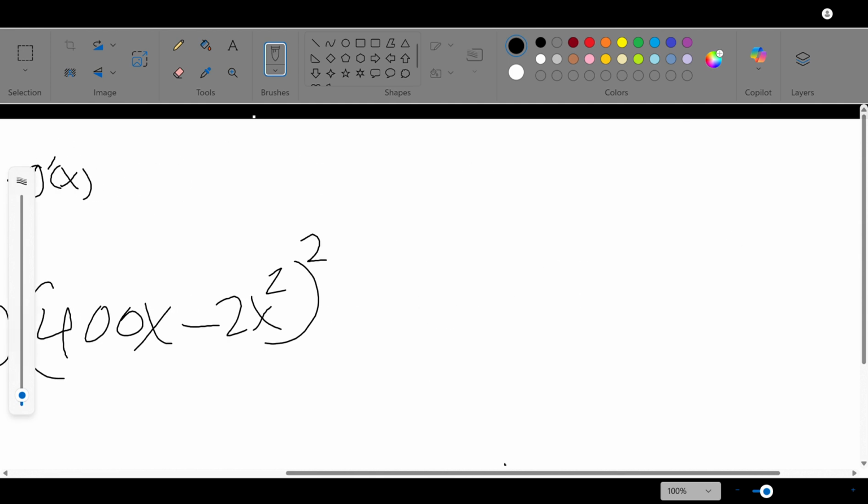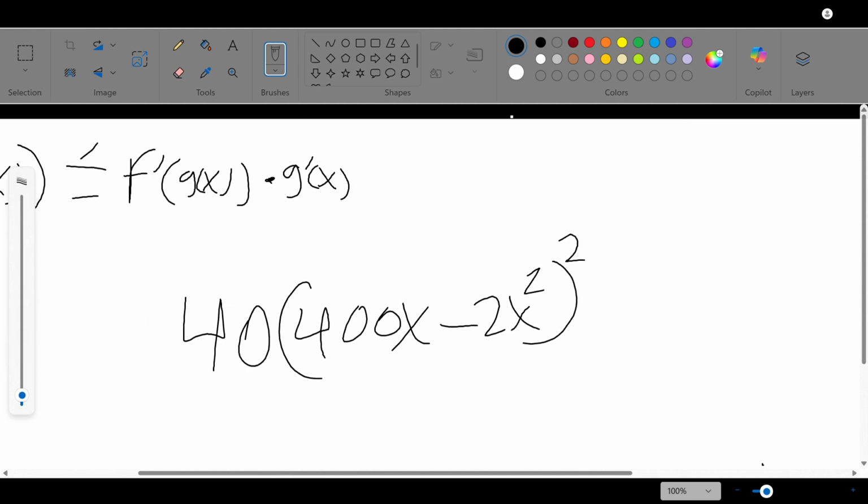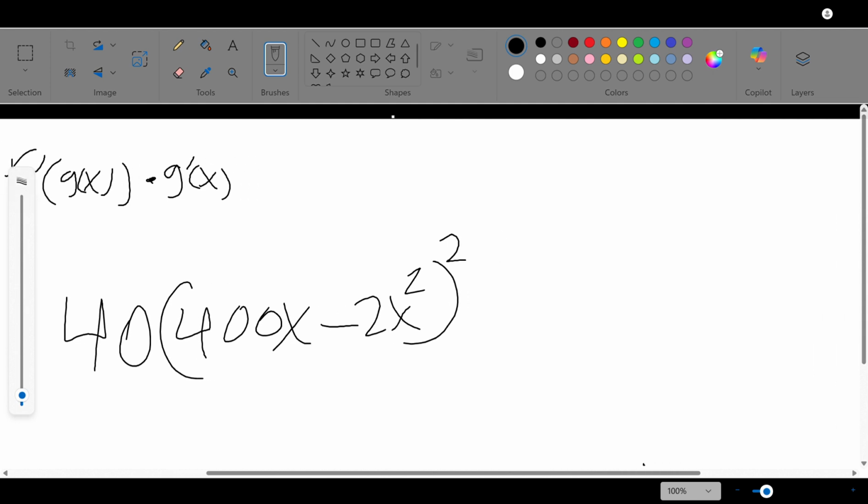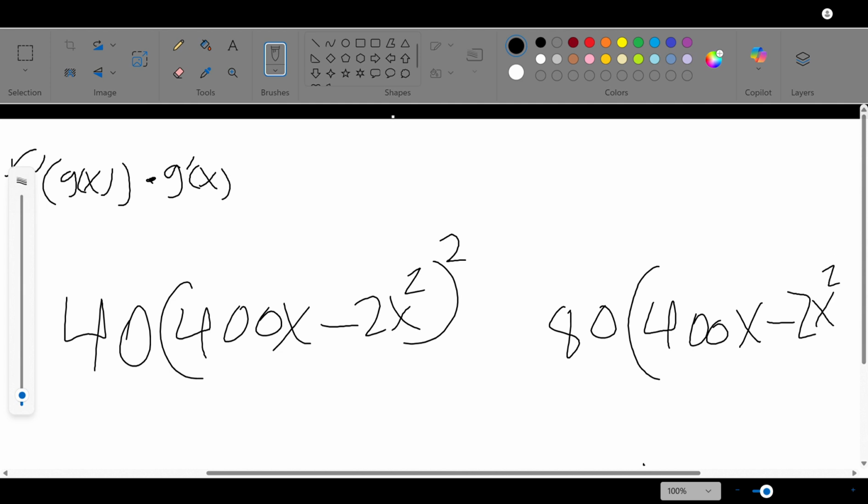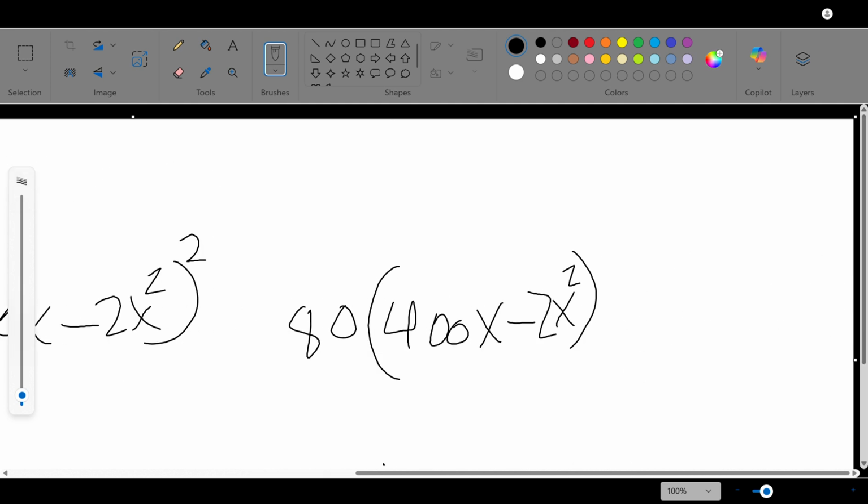What you would do is move this down, so it's going to be 80 because it multiplies. 80 parentheses 400x minus 2x to the power of 2 times the derivative of the inside, which is 400 minus 4x. Pretty easy stuff.